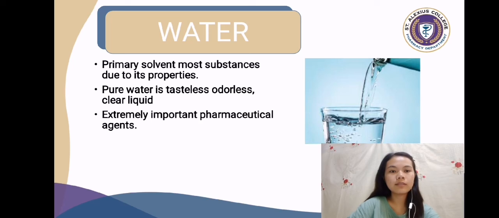Pure water is free from impurities, which is why it has these characteristics. Water is also an extremely important pharmaceutical agent. Purified water is used as an excipient in the production of non-parenteral preparations and in other pharmaceutical applications.